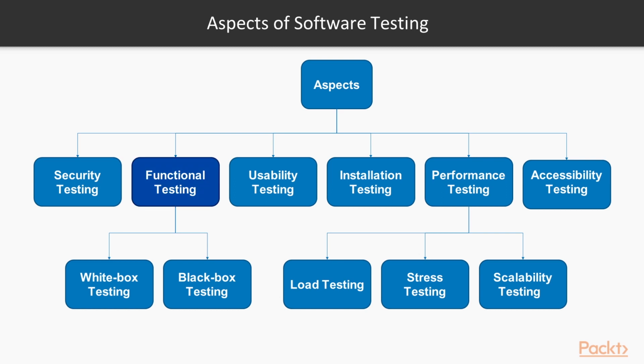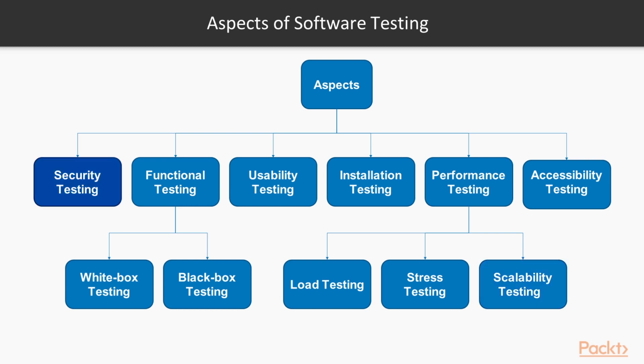Different aspects of software testing are functional testing, which is further classified into white box testing, done by developers as unit tests, and black box testing, done by QA engineers. Next is performance testing, which is further divided into load testing, stress testing, and scalability testing.